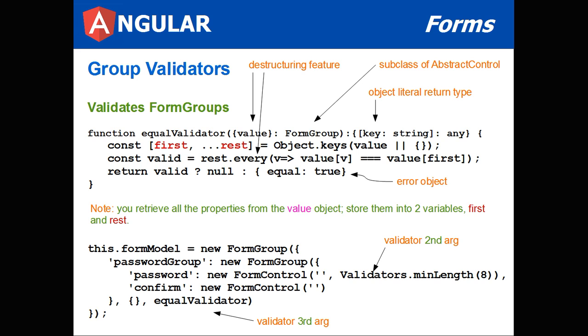Okay, then in the form model in my component, I instantiate a new form group. I create a password group, a new form group with a password form control, let's say with the validators.minLength 8, and the confirm new form control. And then in my form group, in the third argument, I add the equal validator, which is my custom validator.